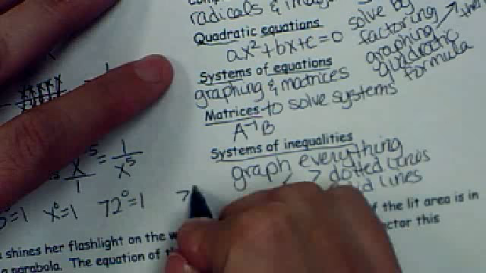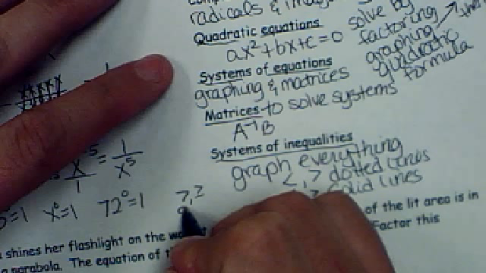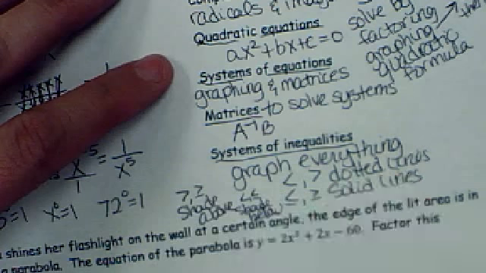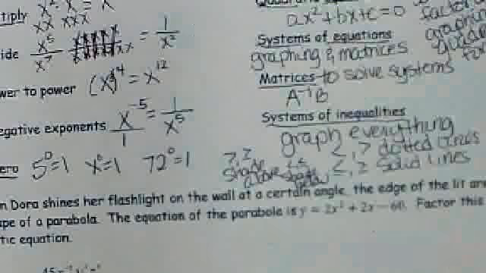Greater than and greater than or equal, shade above. Less than or equal, shade below. So that's all the vocabulary in this section. So let's look at some questions.